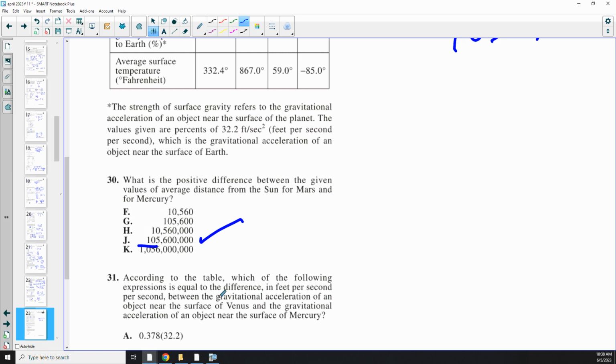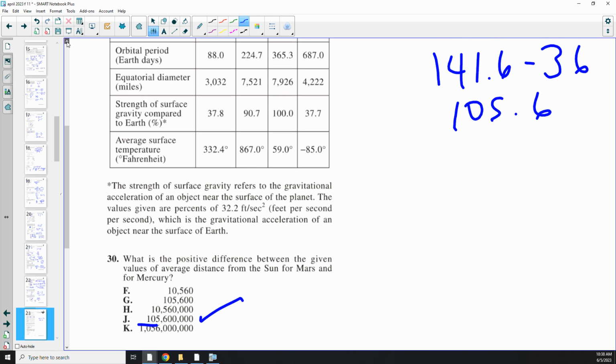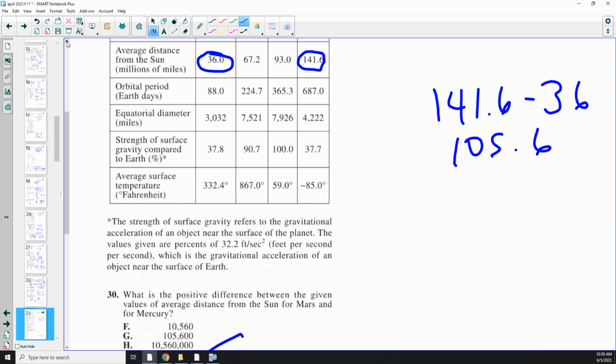Which of the following is equal to the difference in feet per second between the gravitational acceleration of an object near Venus or Mercury? So first of all, the gravitational strength of surface gravity compared to Earth.